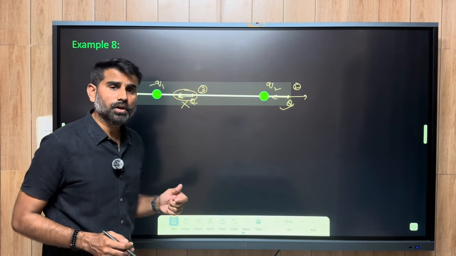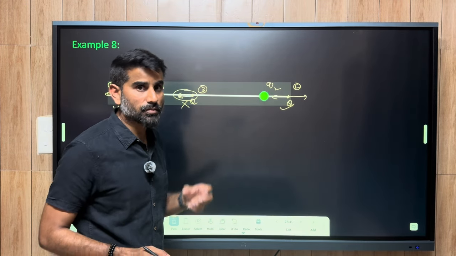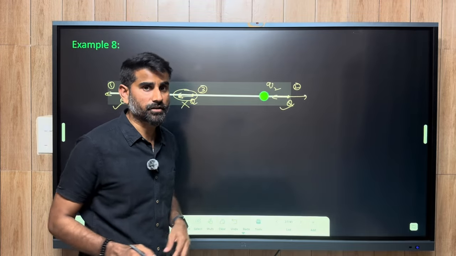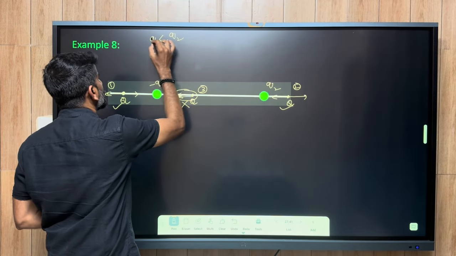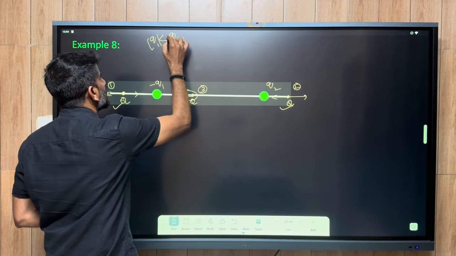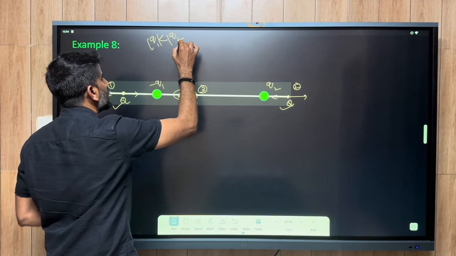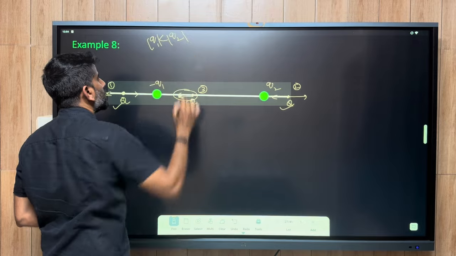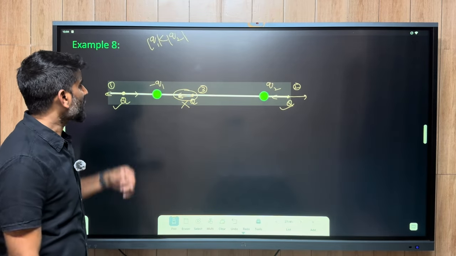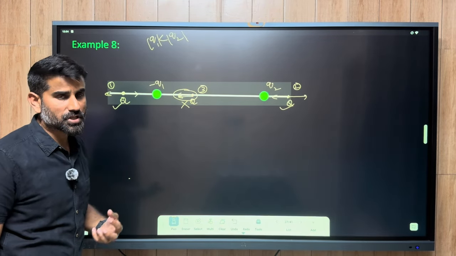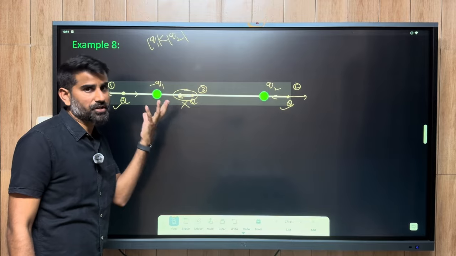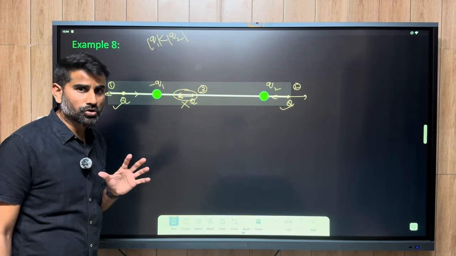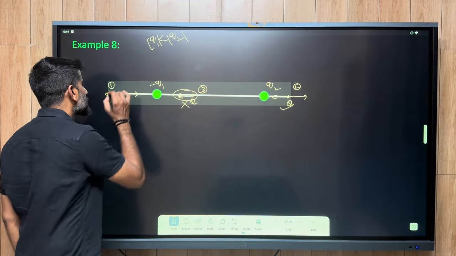Now, as I have already mentioned, the third charged particle must be placed near to the smaller particle. I am representing Q1 is less than Q2, magnitudes I am taking. Since the magnitude of charge Q1 is less, the third charged particle must be placed close to Q1 itself.